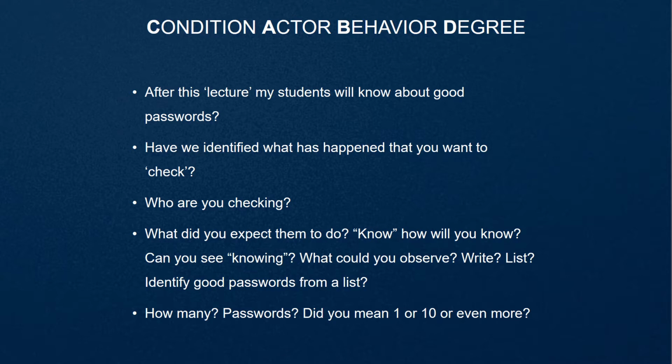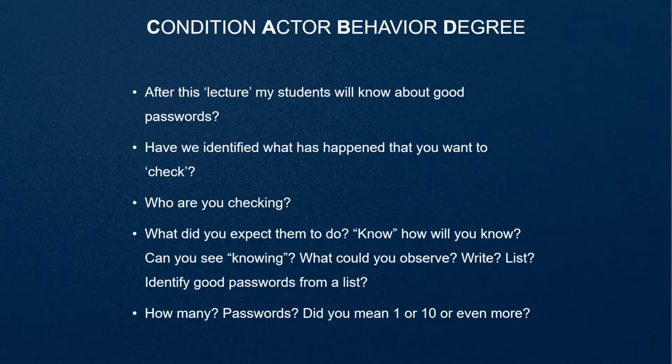The current objective says my students will know about good passwords. How will you know if they know? Can you see knowing? Can you observe knowing? Can you look inside their brains to see if they know? What could you do better? What could you observe?